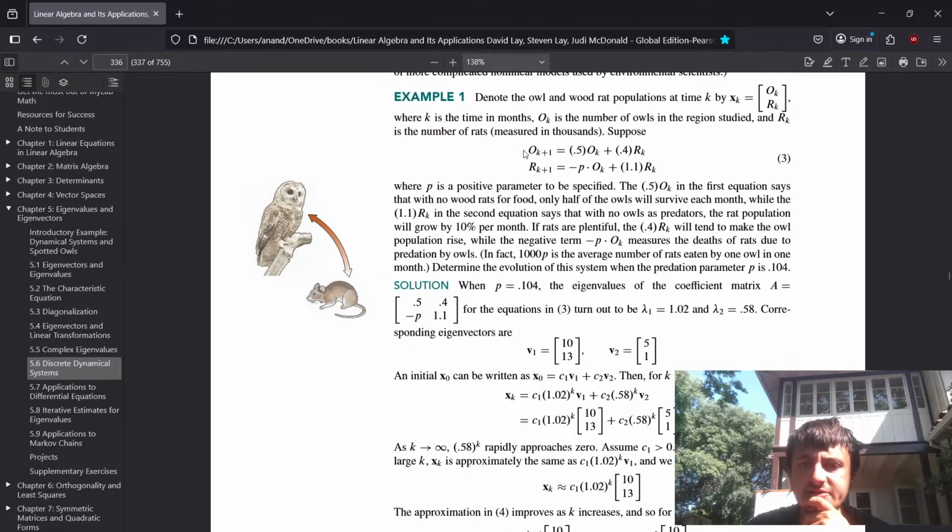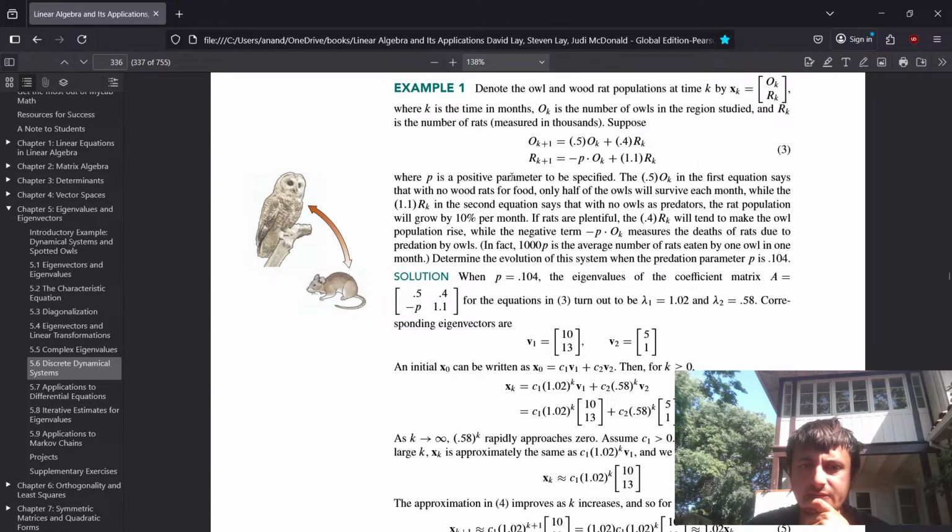Okay, suppose that we have these equations, where p is a positive parameter to be specified. 0.5 Ok in the first equation says that with no wood rats for food, only half of the owls will survive each month.